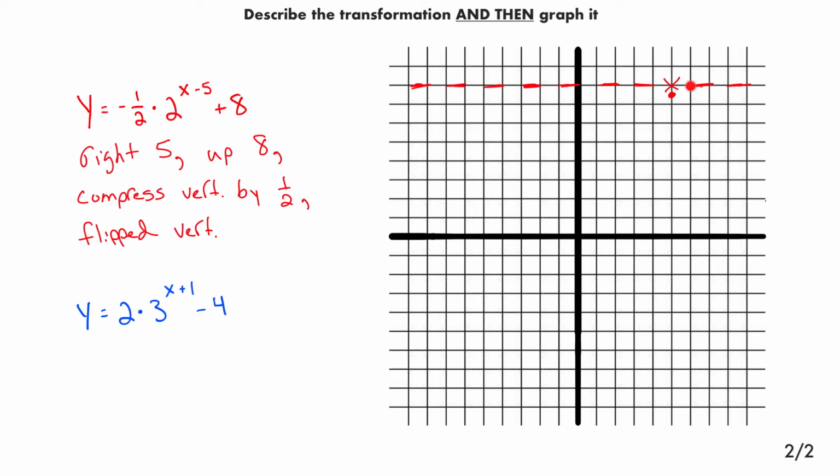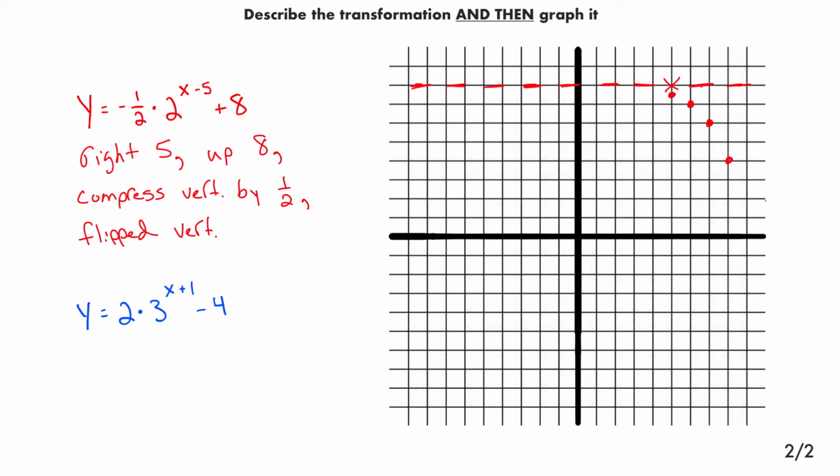However, instead of up 2 in this case, we got to cut that in half. So instead of up 2, it's going to only go up 1, and we're going to flip it vertically, so it's going to go down 1. Here is your next dot. Then we would go right 2 and up 2 to the second power, which is 4, but I got to cut that in half and go down, so I'm going to go down 2. Next, we go right 3, 2 to the third power is 8, cut that in half and go down.